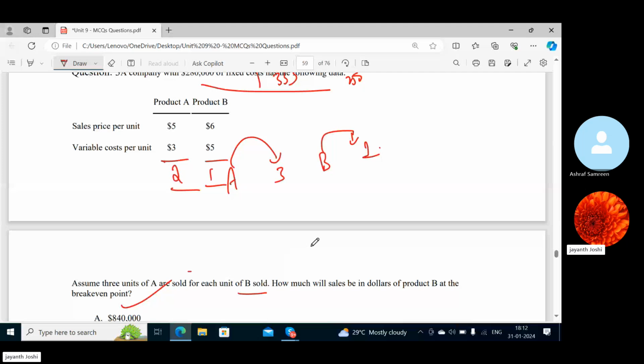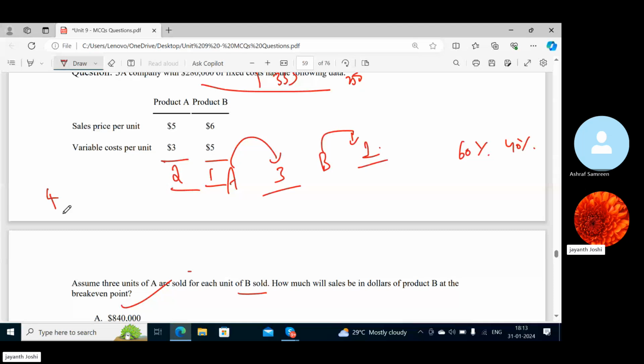So how can we do that? Previously also it was 60 and 40%, right? So 1 unit of B is sold, 3 units of A are sold. So total 4, correct? So A has 75% and B has 25%. You agree or not? Yes. Agree, right?